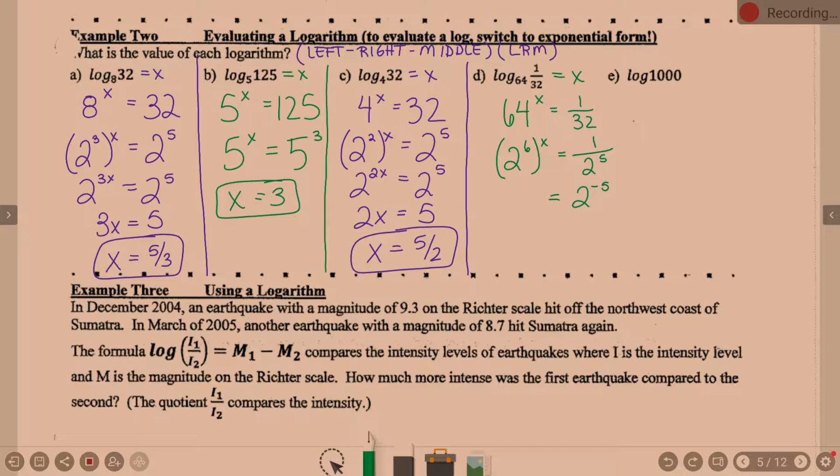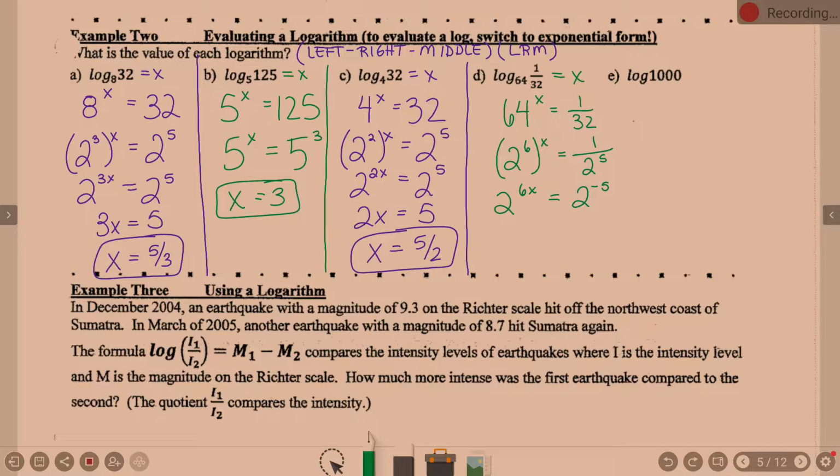Because think, we've been working with negative exponents this year, right? 2 to the negative 5th, if that's a negative exponent, what would you normally do to get rid of the negative exponent? You move it to the denominator. So since it's in the denominator, how do I get out of the denominator? Put that negative exponent. And I'm okay with a negative exponent right here. So I end up with 2 to the 6x equals 2 to the negative 5th.